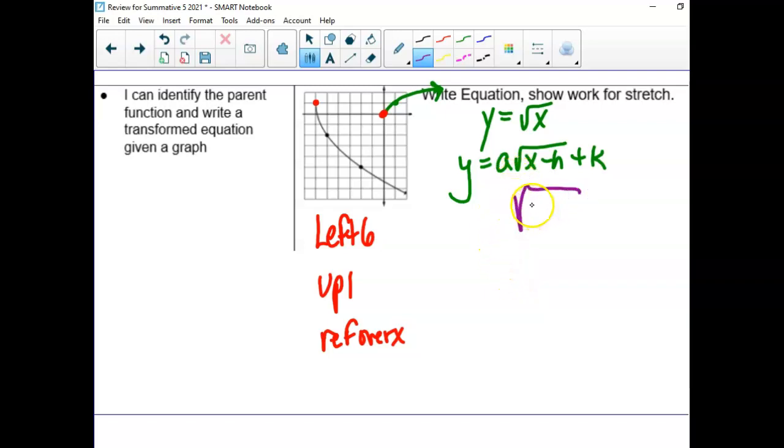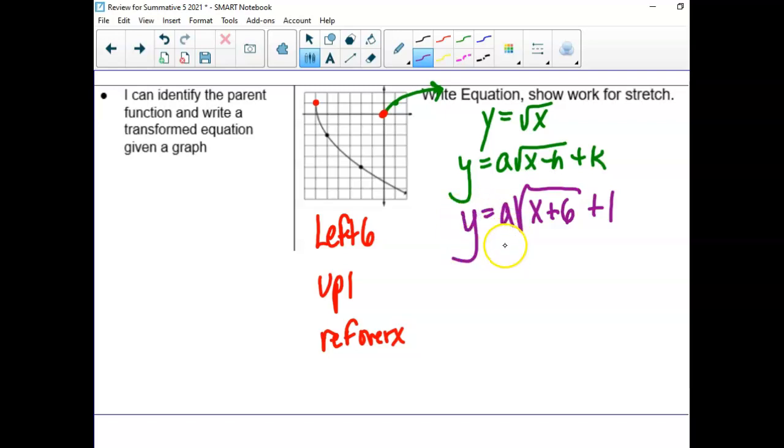How do you do left 6? X plus 6. How do you do up 1? Okay. And it's going to have a negative because it's upside down, but I think that will take care of itself in a minute.